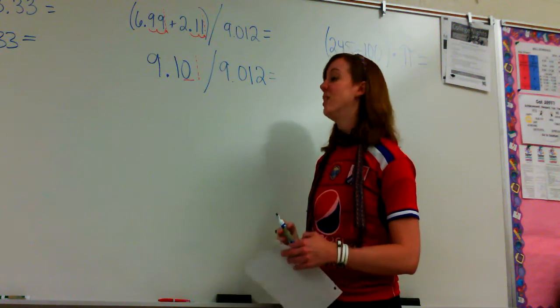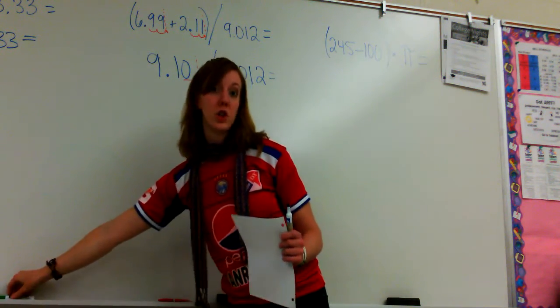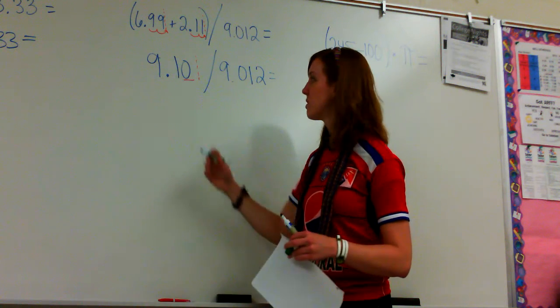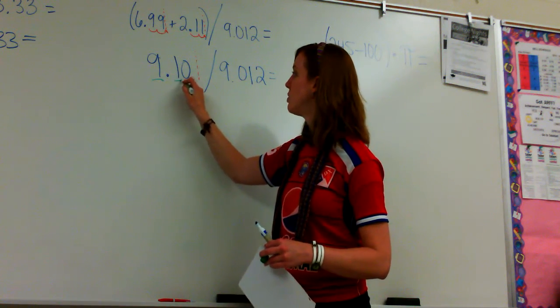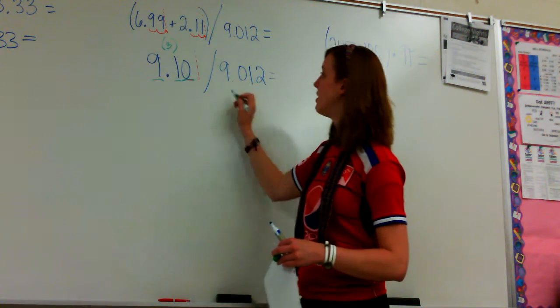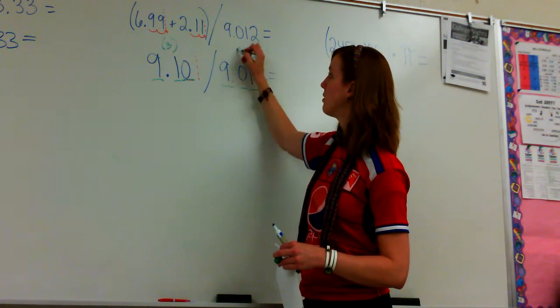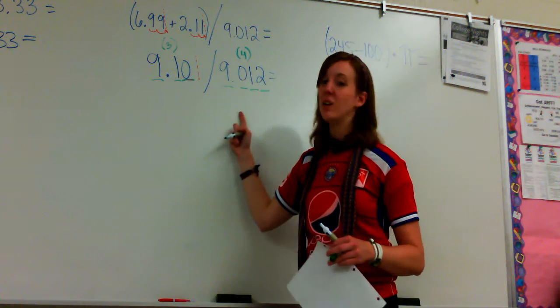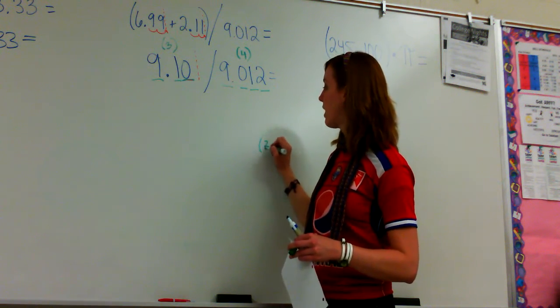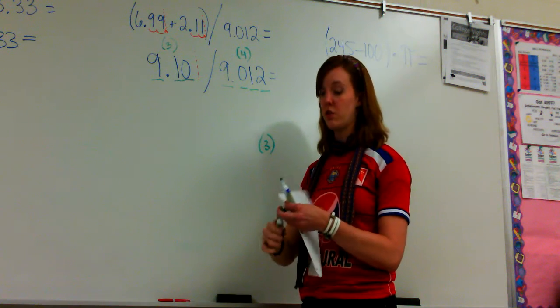9.012. Okay, now I'm doing division, so I have to follow the other rules where I count significant digits. This has 1, 2, 3 significant digits, and this has 1, 2, 3, 4. Well, I can't use all 4 significant digits. My answer is going to have 3 significant digits.